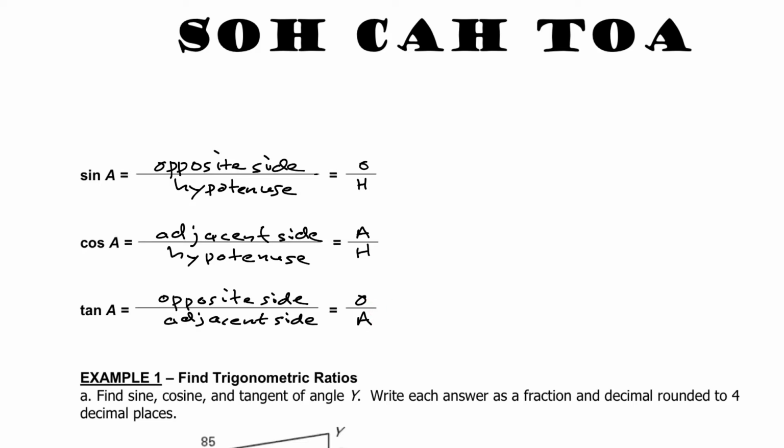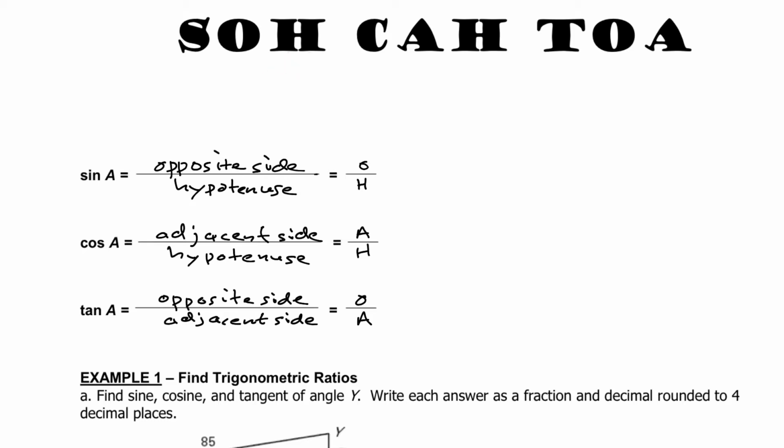Now hopefully you can see where this SOHCAHTOA comes from. The first one says SOH, and what that stands for is the sine is the opposite side length divided by the length of the hypotenuse.